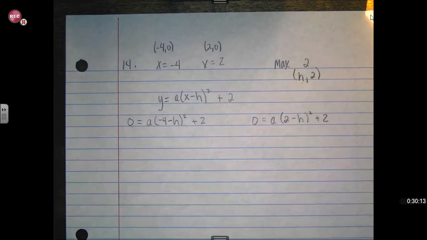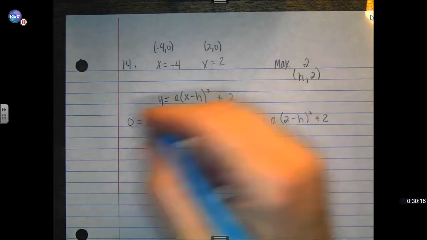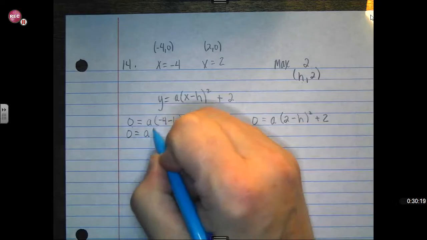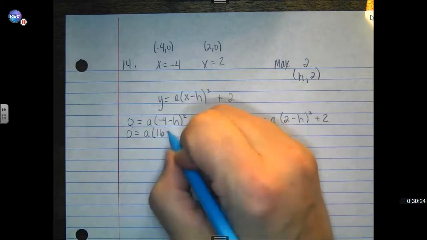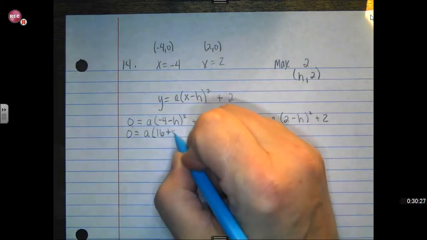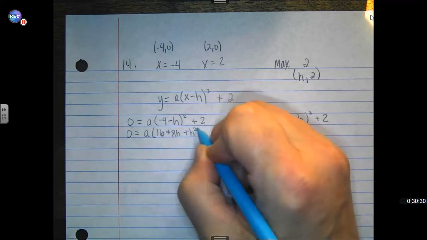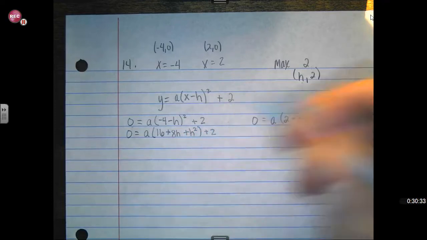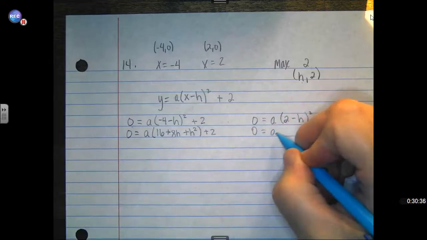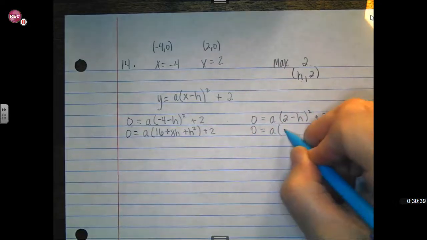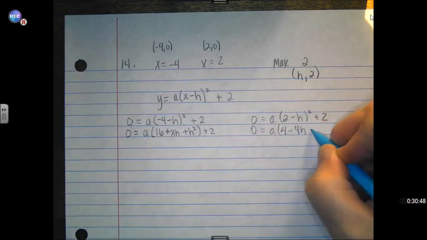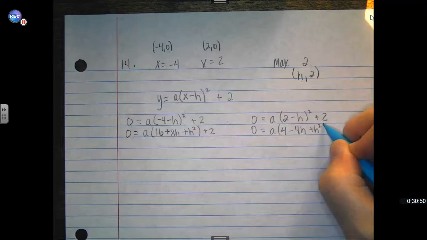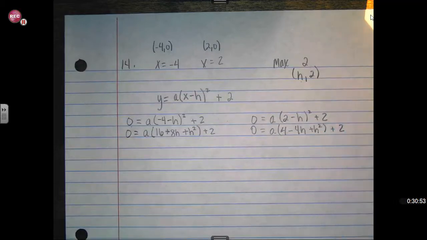And so now, multiply that out. I'm going to get A times 16 plus 8H plus H squared, plus 2. And over here, I'm going to get A times 4 minus 4H plus H squared plus 2.